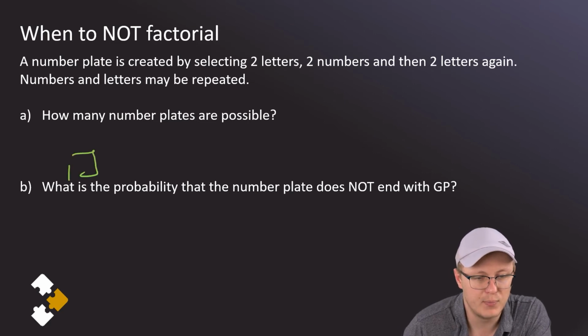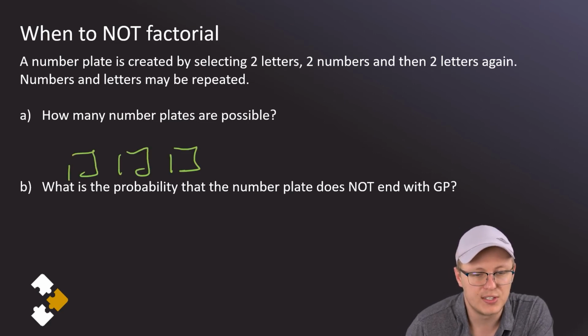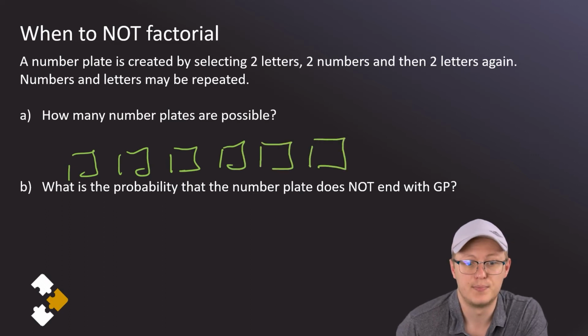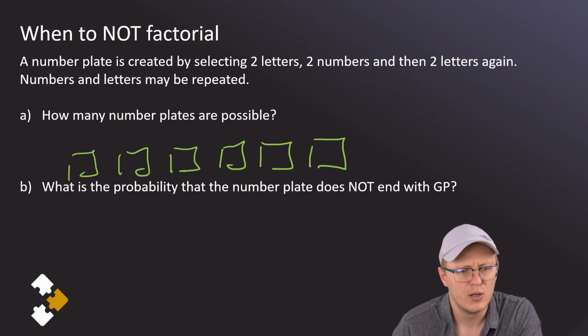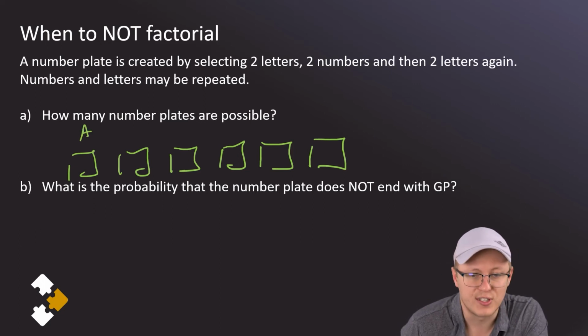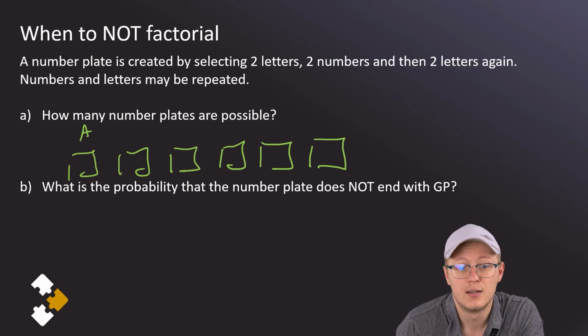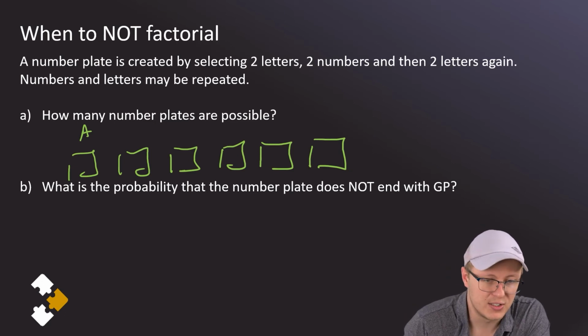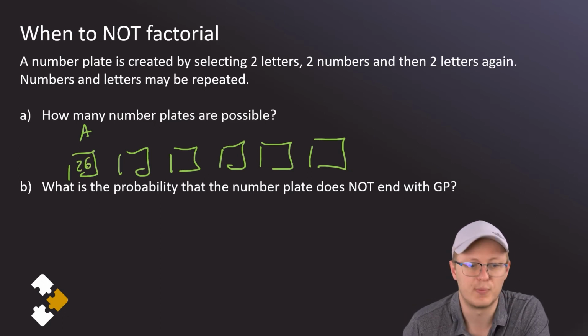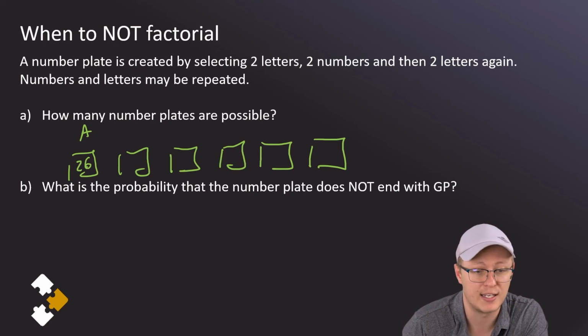Okay, so now it asks how many number plates are possible. Now here, our number plates consist of 6 digits, right? So 2 letters, 2 numbers, and 2 letters. Okay, so in the first spot, we've got to select a letter. And of the letters, there are 26 in the alphabet. So there's 26 ways in which A can happen.